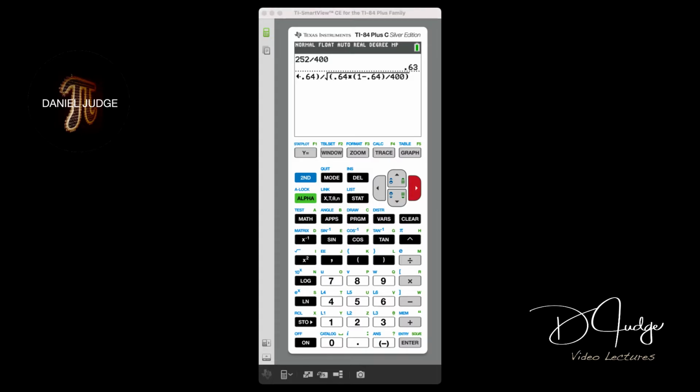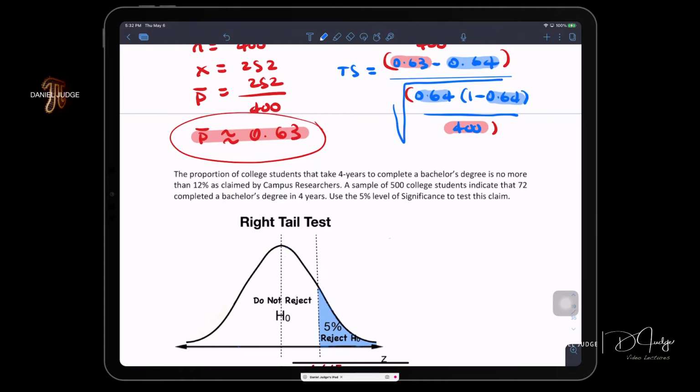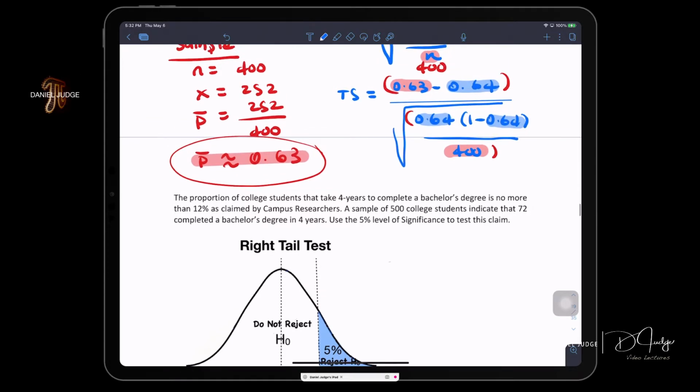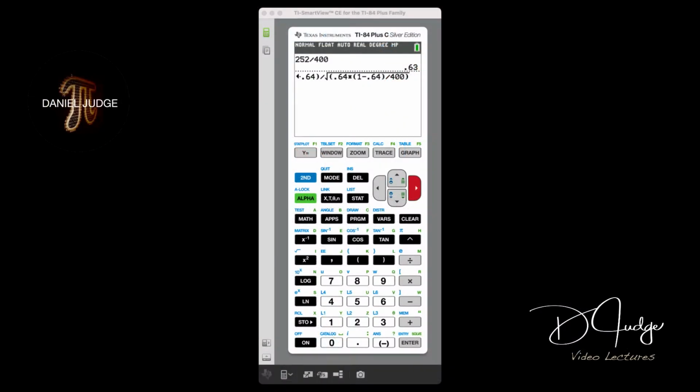So double check between the iPad and what you have here and the TI. Hit enter.